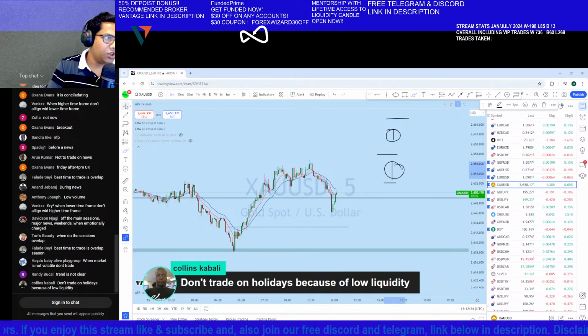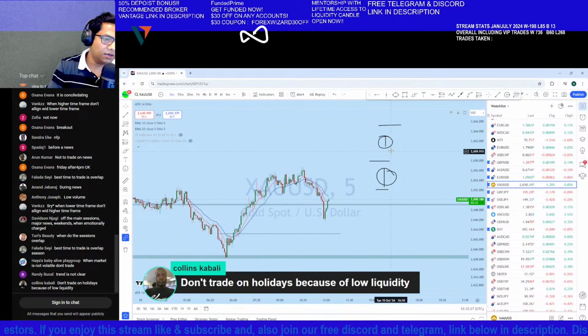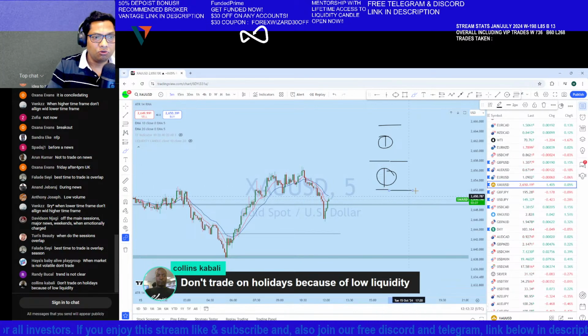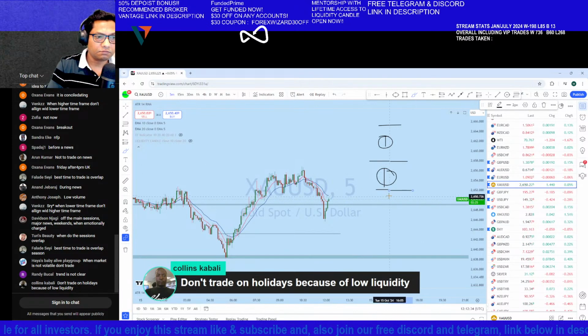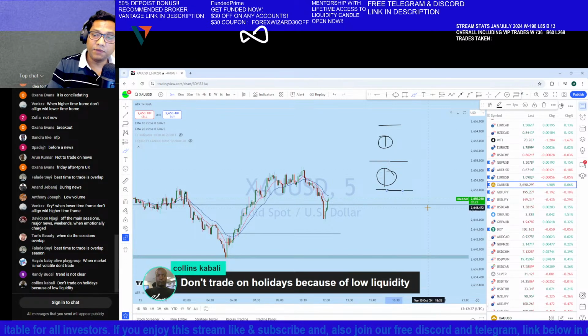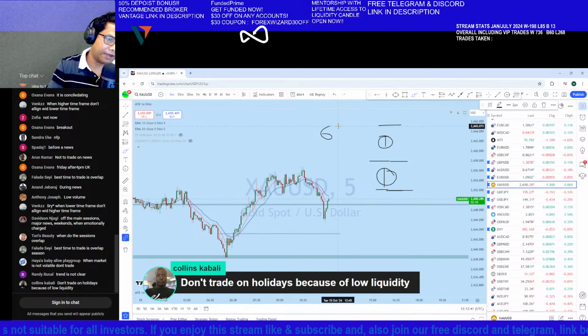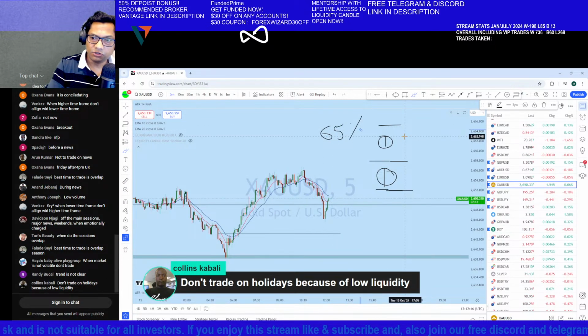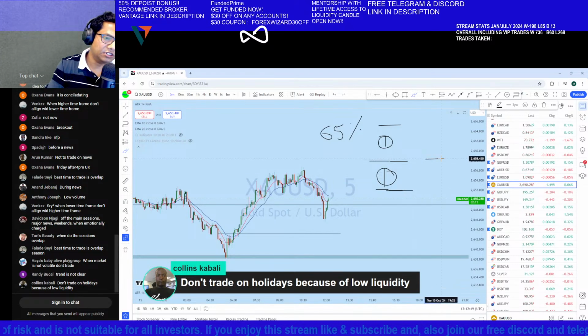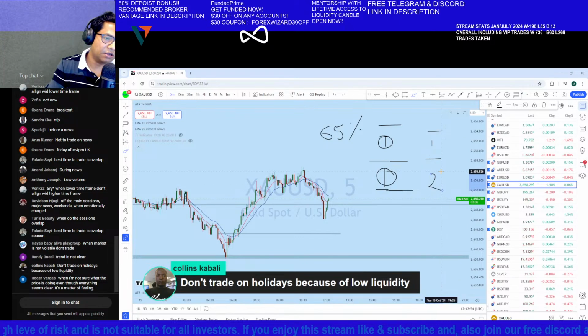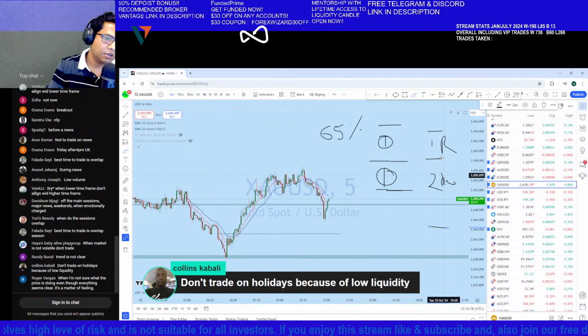That can be a strategy, but you have to have a winning rate of at least 60 to 65%. Now if you have a strategy of, let's say, 1-to-2, that means the reward is 2, risk is 1.